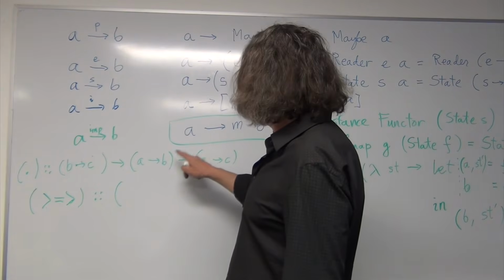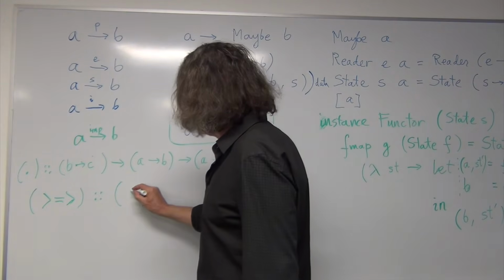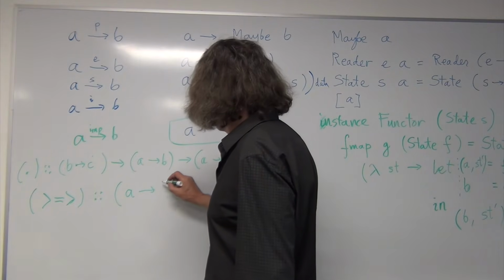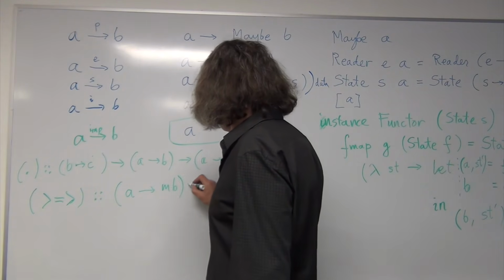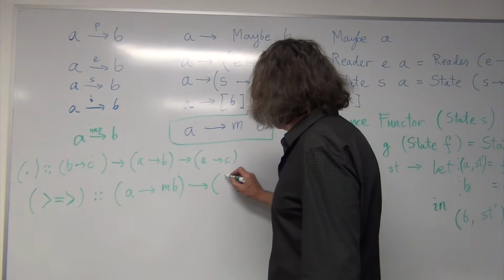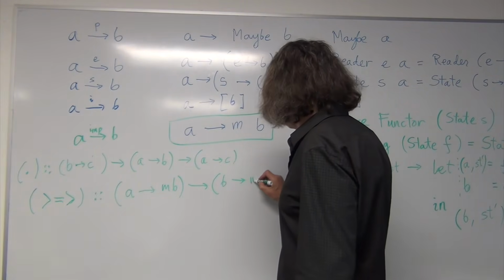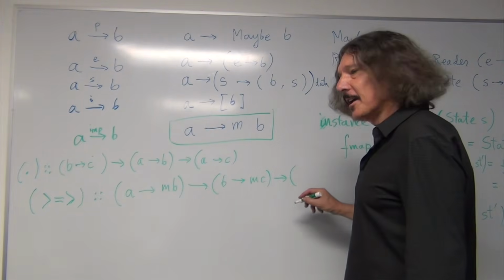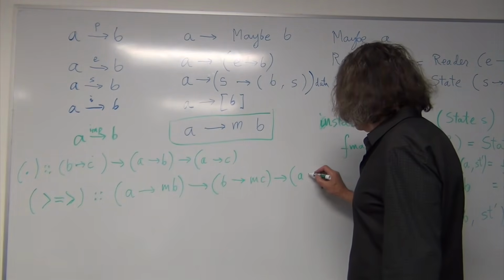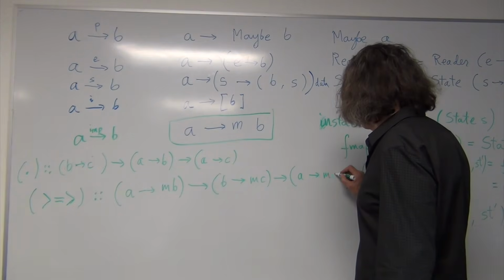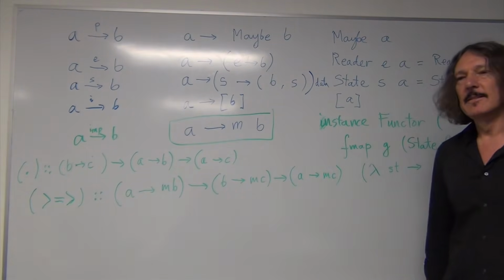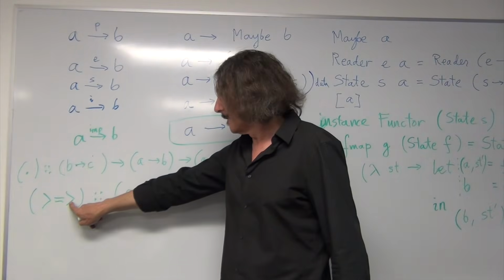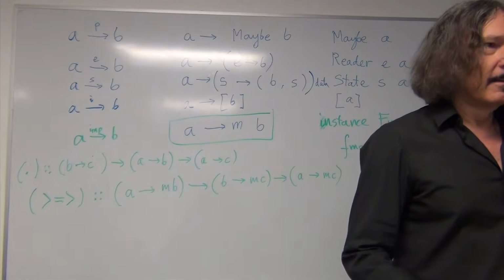So we will do this flipped. We'll say, okay, give me a Kleisli arrow from A to M B, and then give me a Kleisli arrow from B to M C, and I will return you a combined thing which goes from A to M C. And that's called the fish.